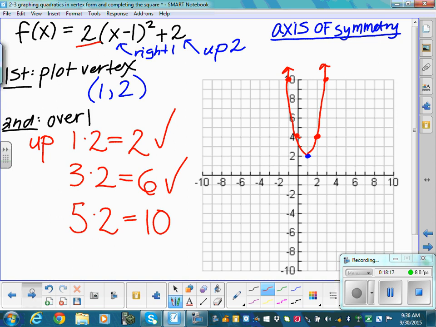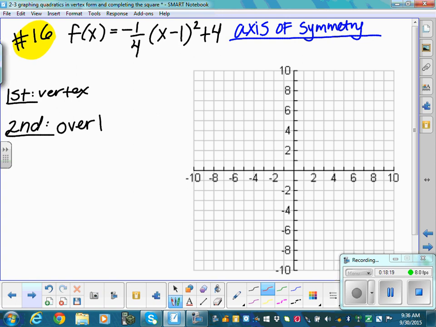Okay. Let's do number 16 together, on the worksheet on the back. So we're given f of x is equal to negative 1/4 times x minus 1 squared plus 4. Once again, that squared there just means we know it's a quadratic. So we know we're going to be graphing a quadratic. It's in vertex form, so we'll go through this.